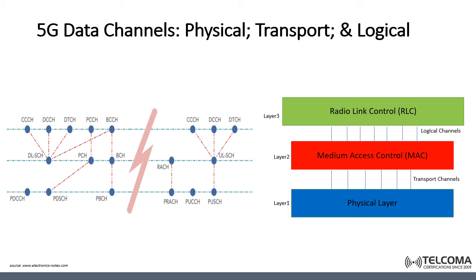The second type of transport channels is the paging channel, PCH, and from the name, this channel is used for transmission of paging information from the PCCH logical channel.